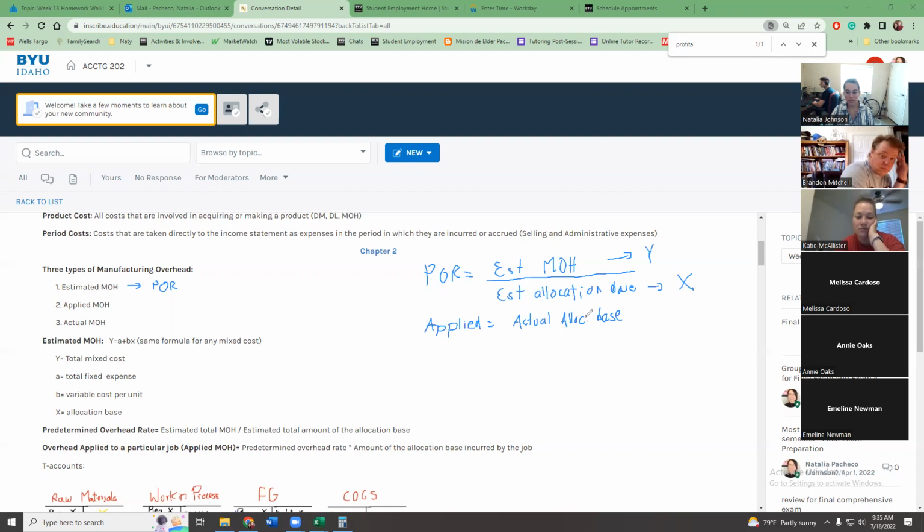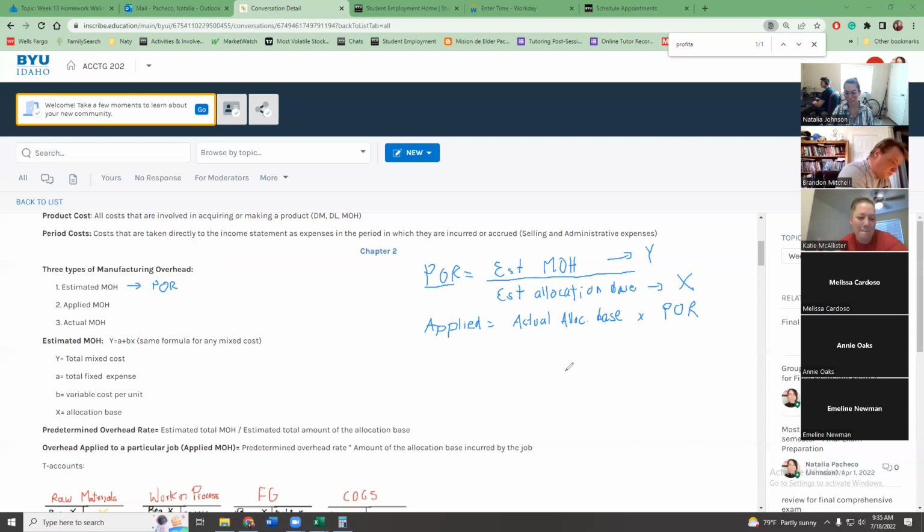It's almost the actual allocation base over the rate you've come to. Close. So you don't divide, you multiply it times the predetermined overhead rate. I know how to do it, I'm just struggling to put it into words.